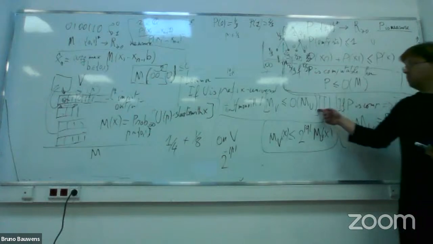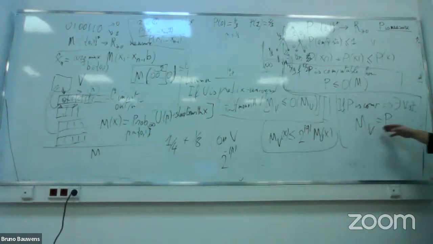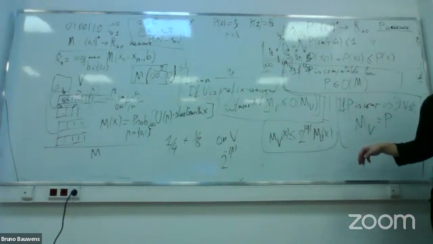And then we apply the universality property. So whenever P is computable, we know that the universal measure is larger. Okay, I will repeat this in the next lecture because it's pretty important.